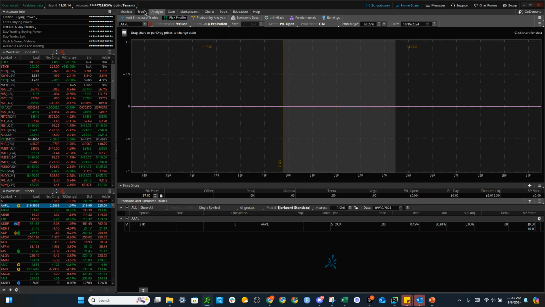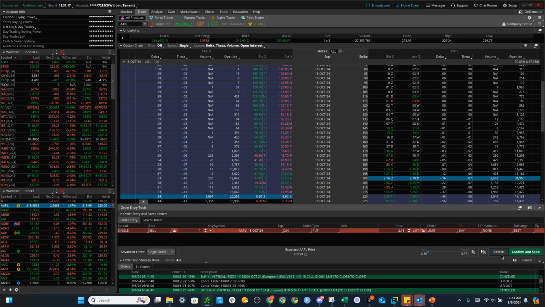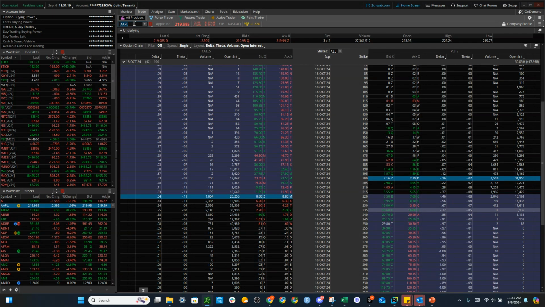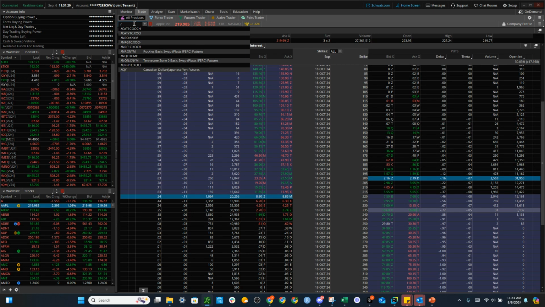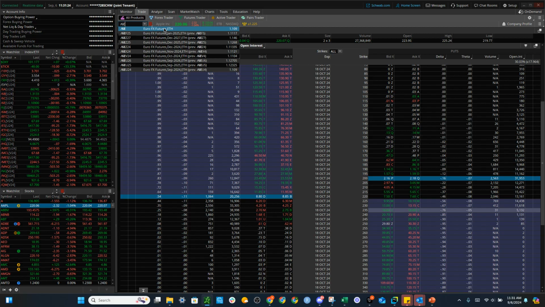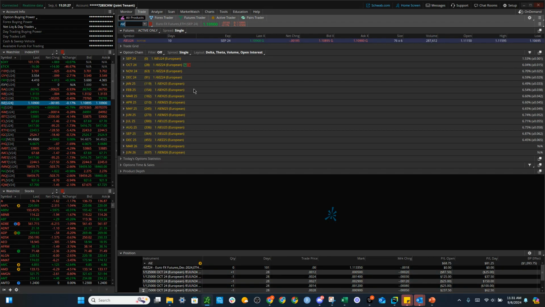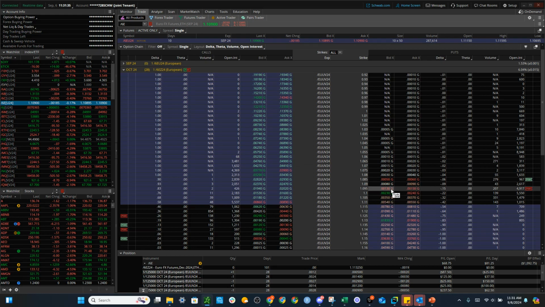So let's go. I have a euro currency trade on, which the ticker symbol for that is 6E. It's a futures options trade, and I trade futures options because there's better capital efficiency available in that market. Anyway, when I put this trade on, I go to my normal 17 deltas.